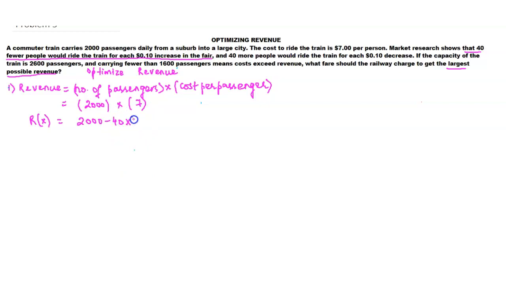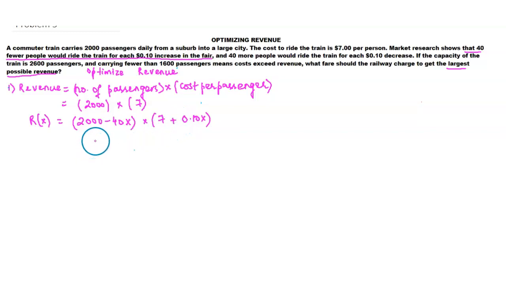Here 40 times the change is going to come, and here 10 cents times the change is going to come. The fare is being increased, so it's plus 10 cents times X. The number of passengers is going to decrease, so it's minus 40X. So once we get this revenue equation, we see this equation is in terms of X.